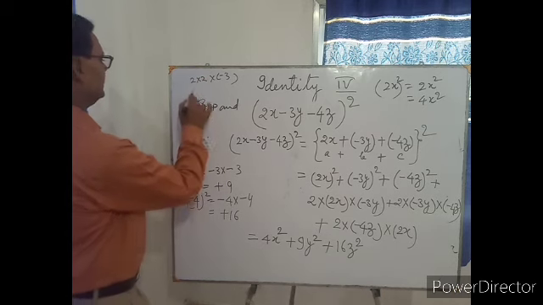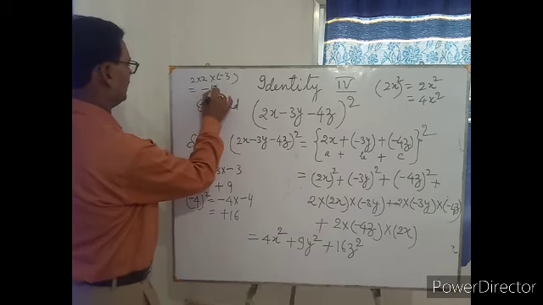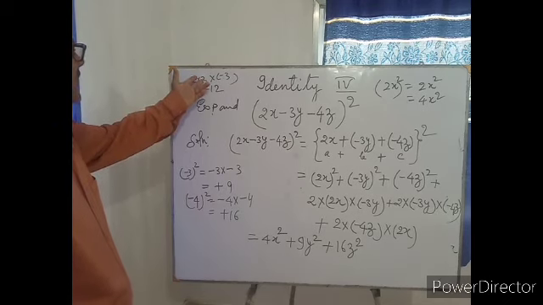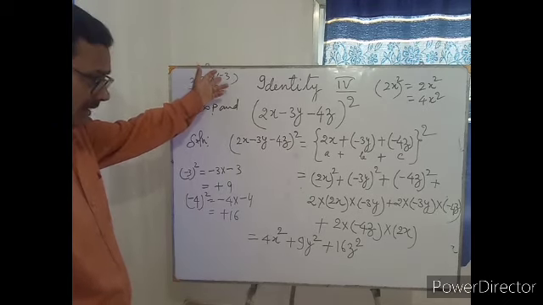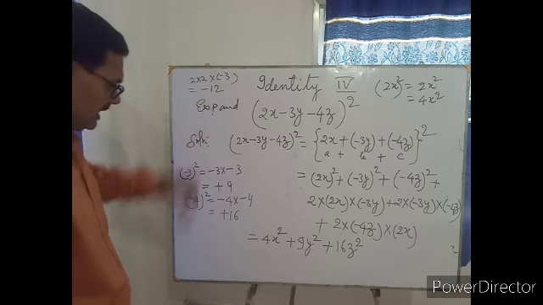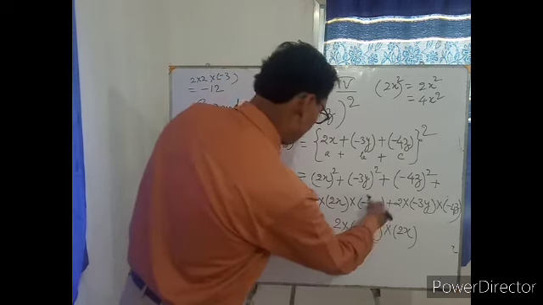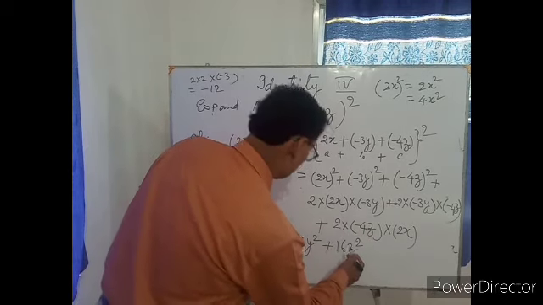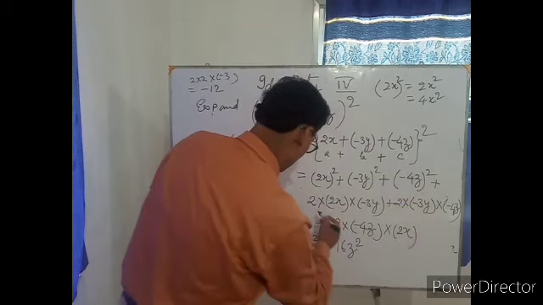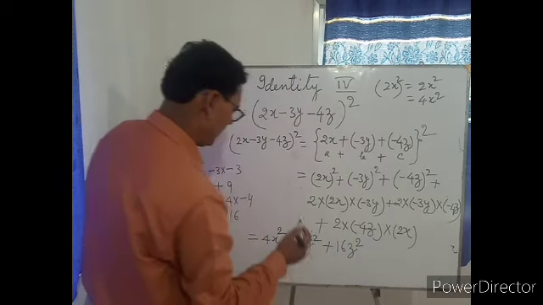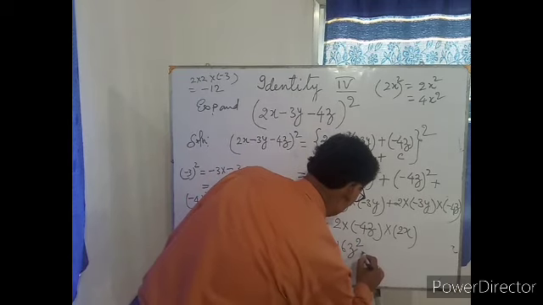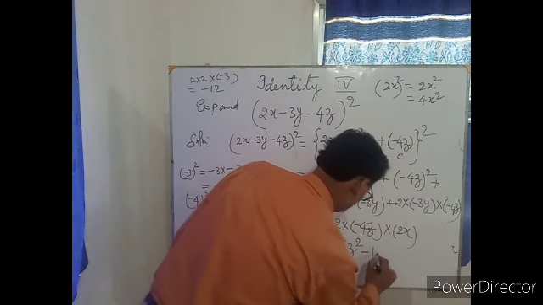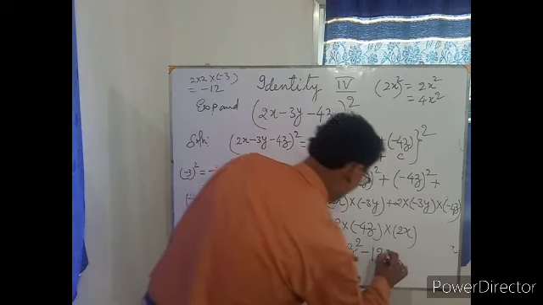Plus into minus 3 is equal to minus 12. Clear? These two are plus, so plus into plus is plus, and one is minus, so plus into minus is equal to minus. Therefore you will have minus 12xy.